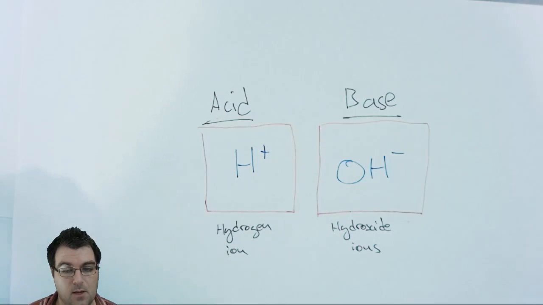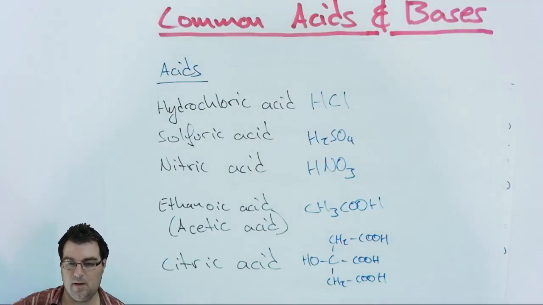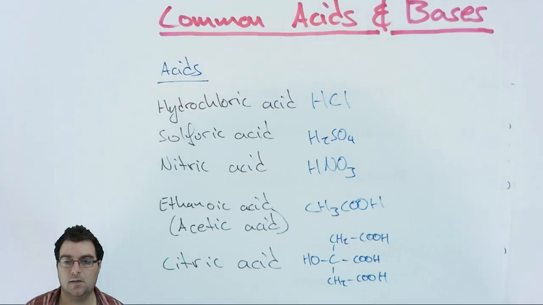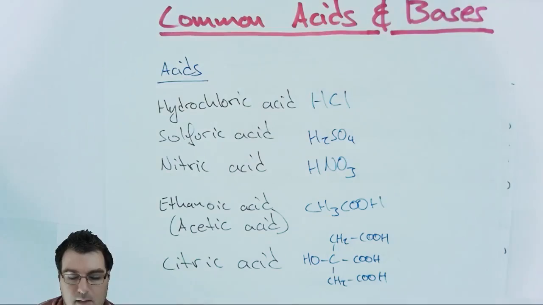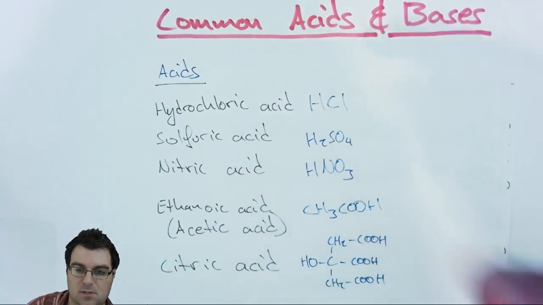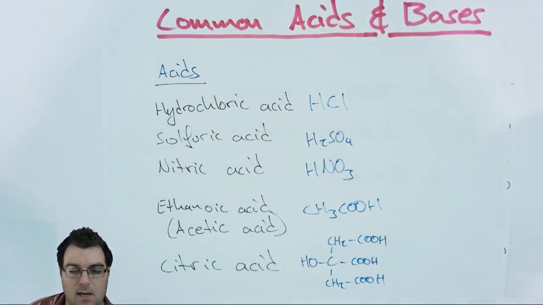So in keeping with that, we need to discuss some common acids and bases. To start off, let's look at some common acids. Specifically, we have listed here hydrochloric acid with its formula listed in blue just beside it, sulfuric acid, and nitric acid. These are probably your three most common lab acids.